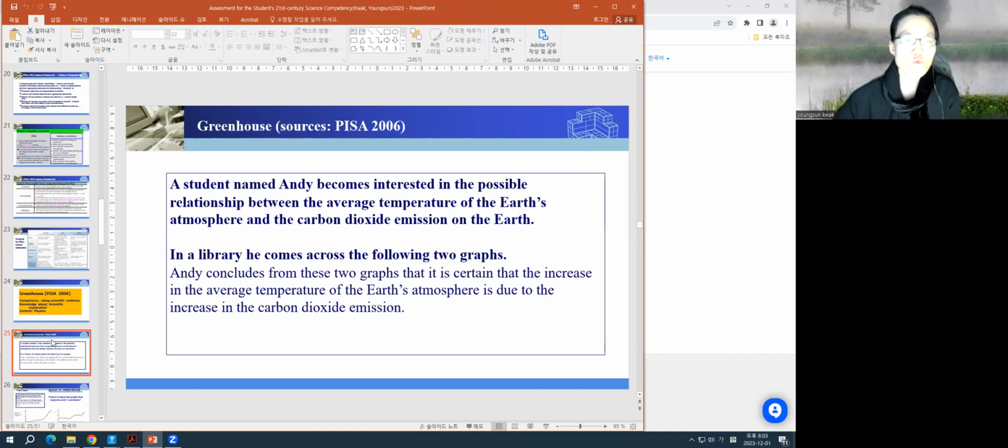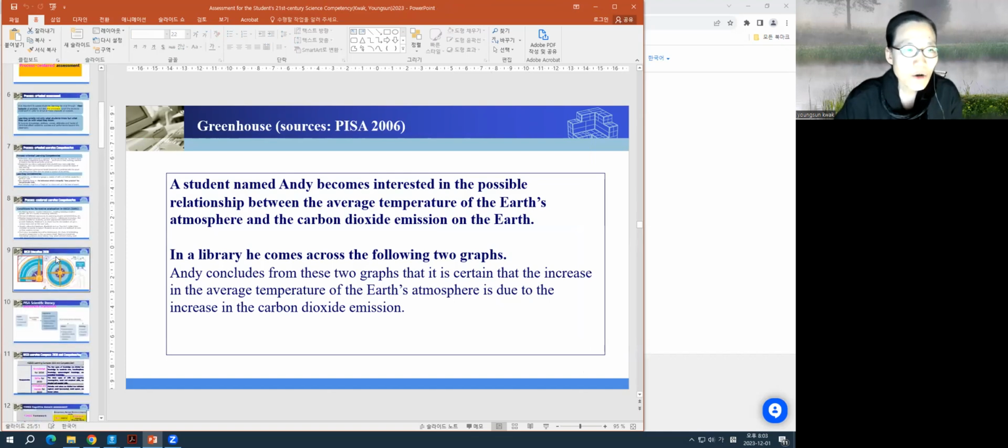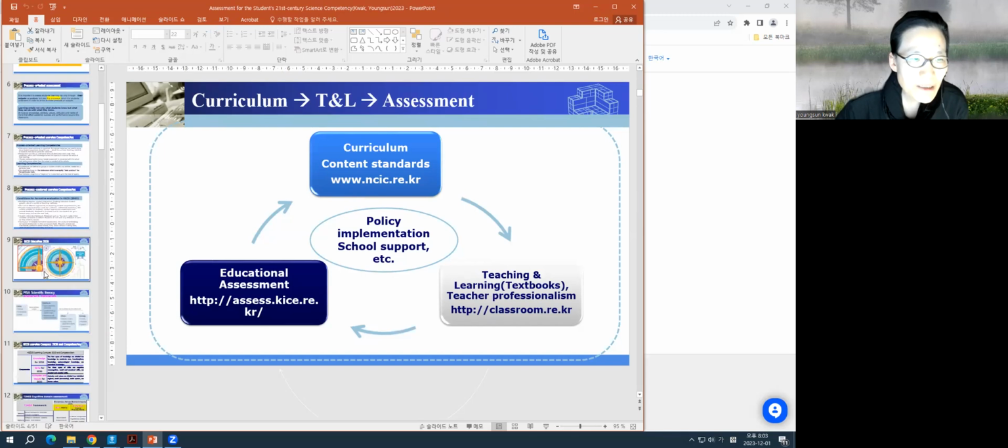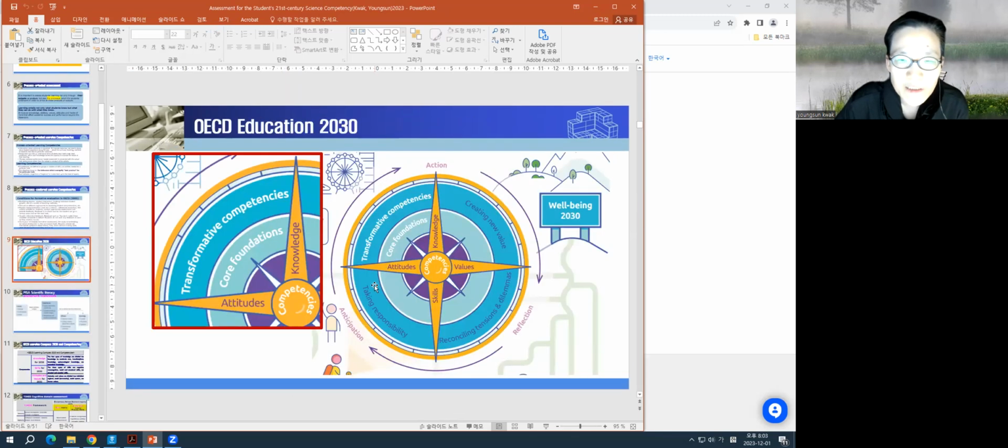These days, on a global level, everybody is talking about competency-based curriculum, which emphasizes competency. Competency is all about abilities you need, or students need, to live.